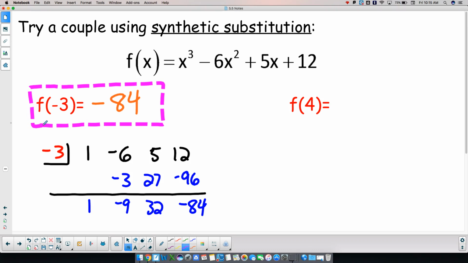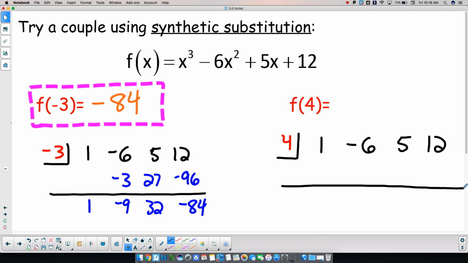Concur? Okay. I get f of 4 is 0. Concur? Yes.